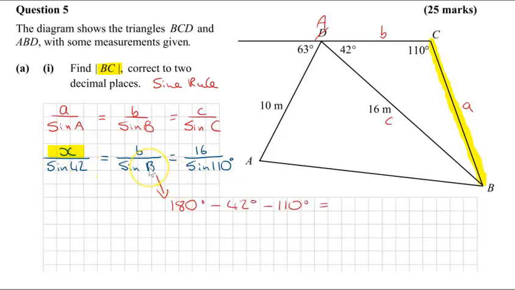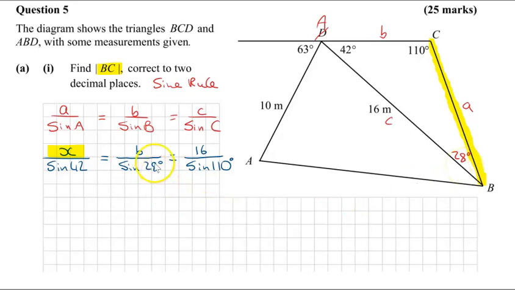And to figure out what capital B is, which is angle B, 180 degrees minus 42 degrees minus 110 degrees is 28 degrees. So subtracting 42 degrees and 110 degrees from 180 degrees, because the angles in a triangle add up to 180 degrees, leaves us with 28 degrees.